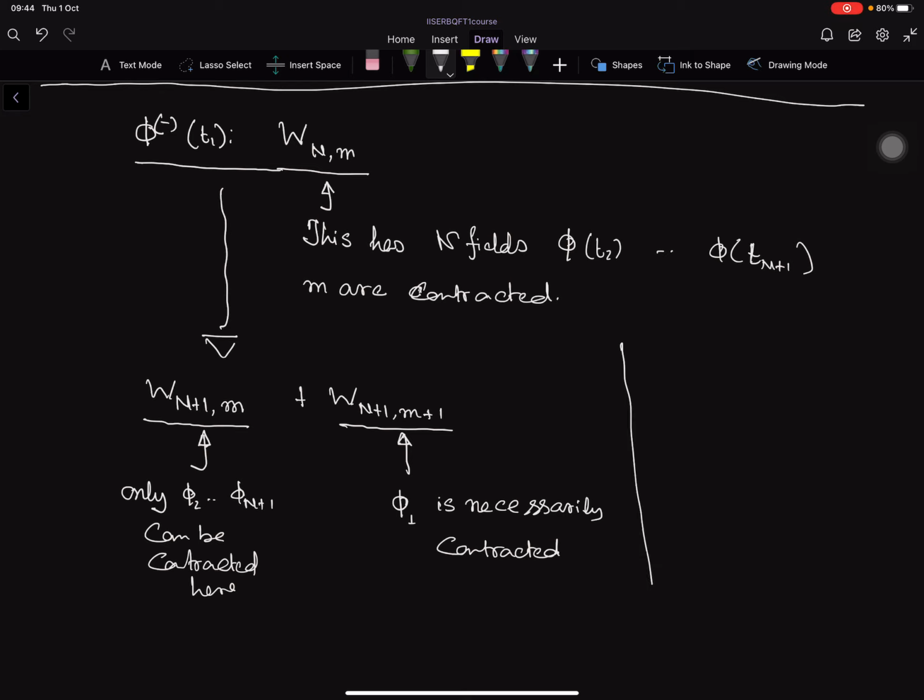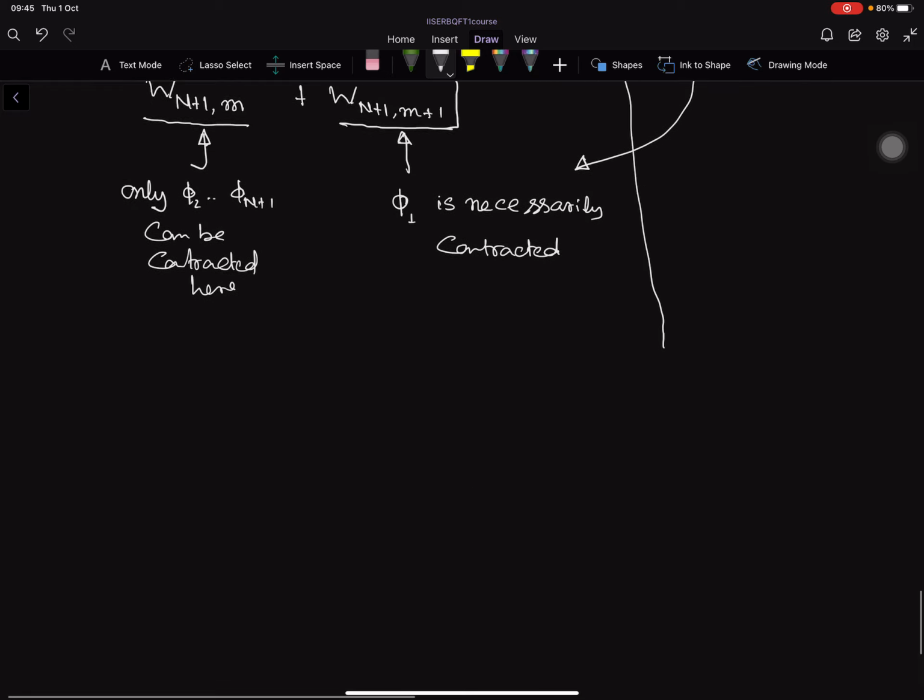But then if we look at other kinds of terms, for example phi minus, m plus 1, this will complete this set. So let's write it in this way.